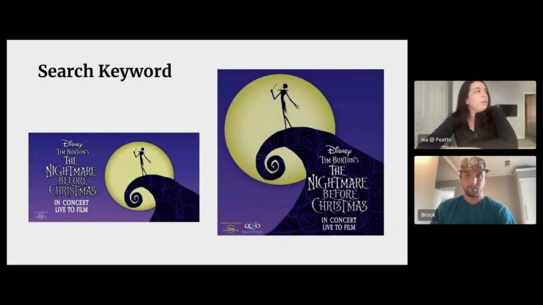So for this one, search keyword campaign, QCSO uploaded a list of relevant keywords to target. I think there were just over 100, and they served ads to people who were within the geographic limits that they set and who had searched for one of the terms on the list.